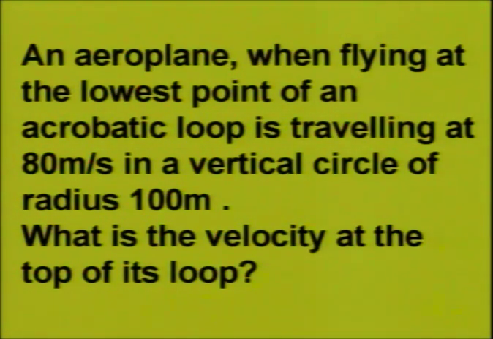This time you are trying to find the maximum velocity, so when you bring 2 over here, it will be 4mgr plus 1 over 2 times m.